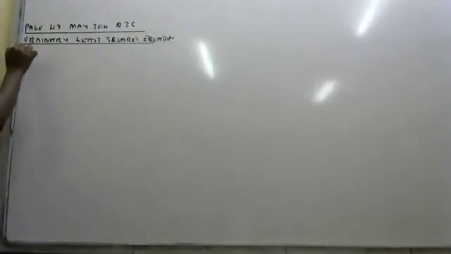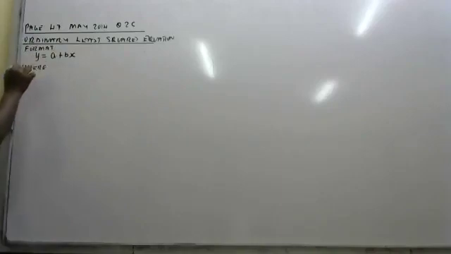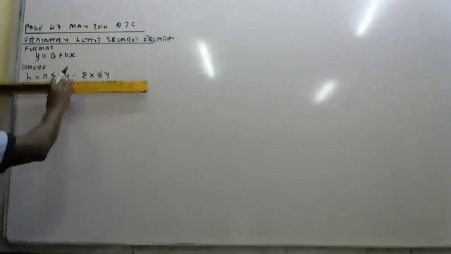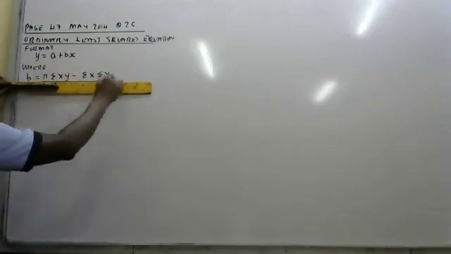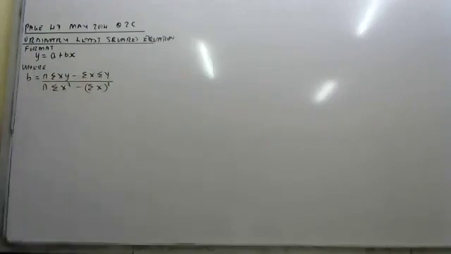The format is y is equal to a plus bx, where b is equal to n sum of xy minus sum of x sum of y, divided by n sum of x squared minus sum of x, squared.